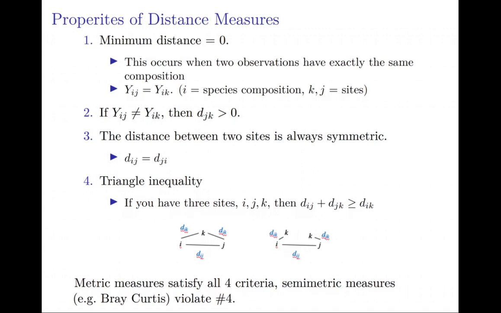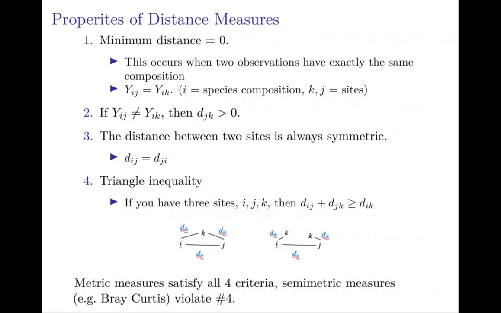You can see in this image on the left that if you sum any of those 2, they're equal to or greater than the third distance. So dik and dij, when you sum those, are greater than djk, and all the way around.